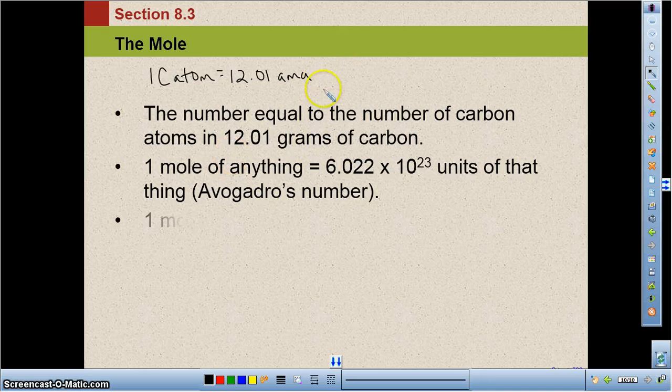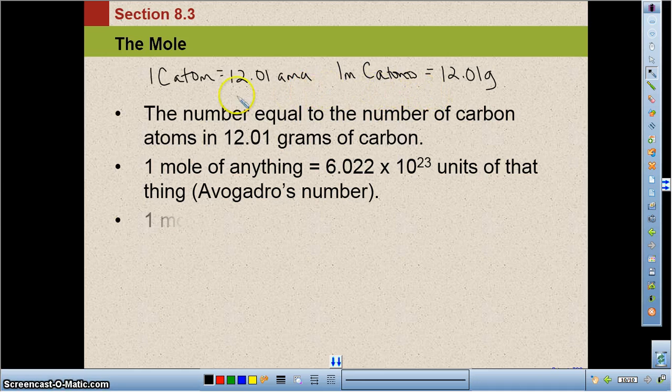This is now telling us that 1 mole of carbon atoms is going to equal 12.01 grams. And of course, it's a whole lot easier for us to measure grams. We can't really measure atomic mass units. We had that conversion factor yesterday showing you how little of a gram an atomic mass unit actually is.